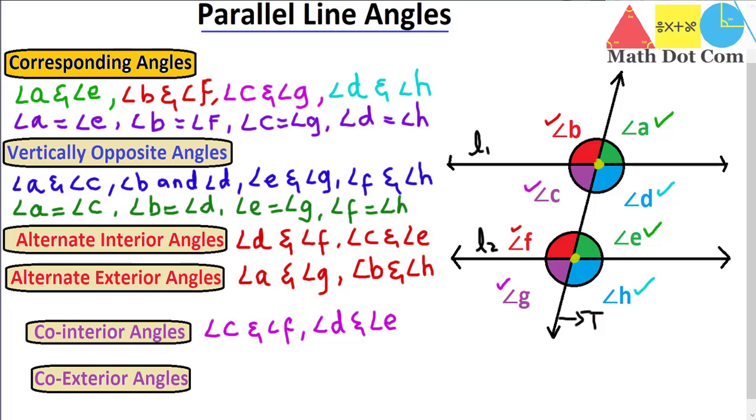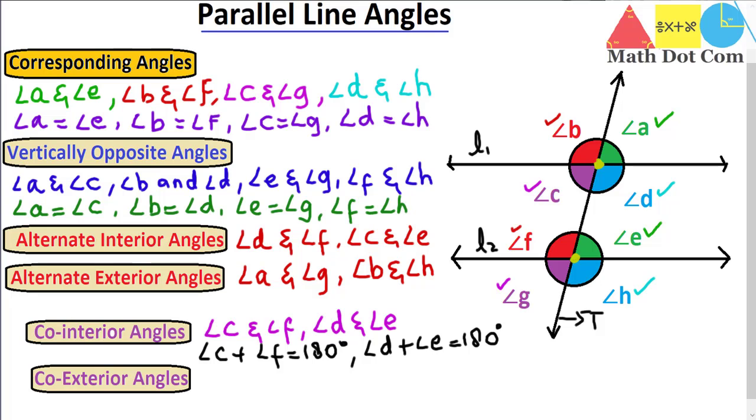So I can write here as angle C plus angle F must be equals to 180 degree, as they are lying on the same line, or we can also call them a linear pair. Similarly, angle D plus angle E must be equals to 180 degree. So whatever the angles that lie on the same line always add up to give us 180 degree.